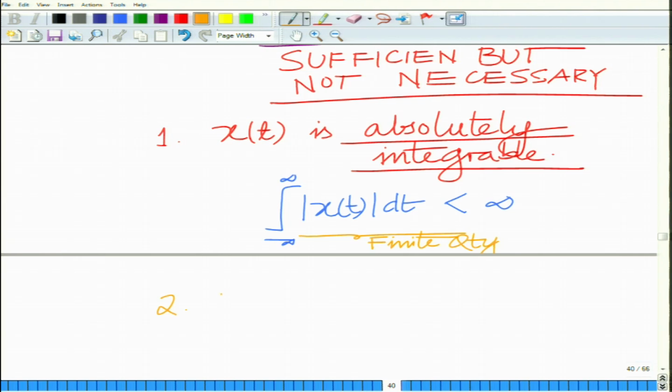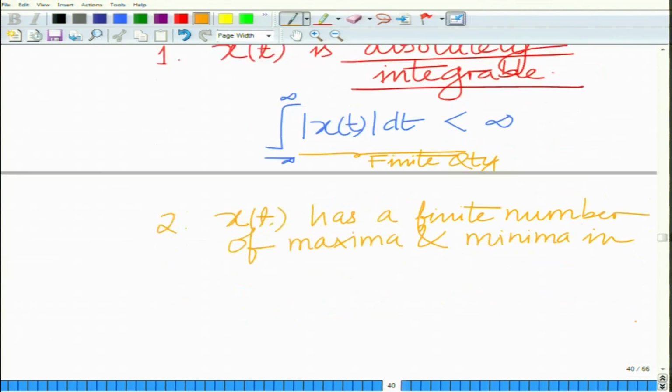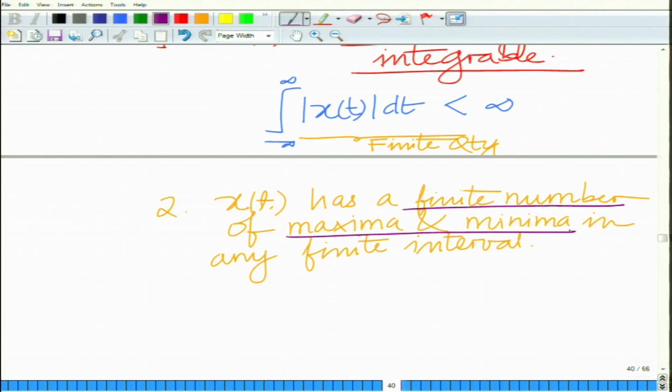Two, we must have that x(t) has a finite number of maxima and minima in any interval of finite duration.